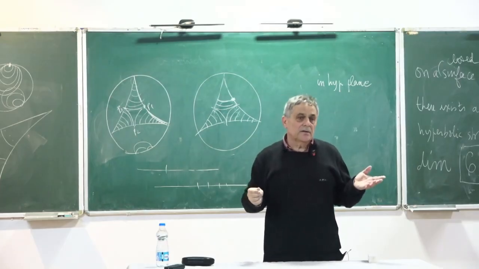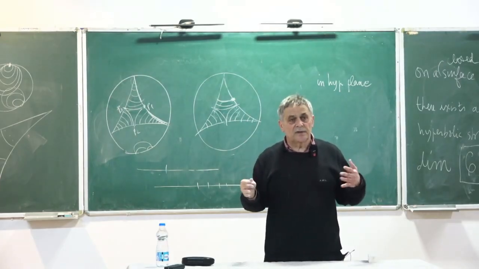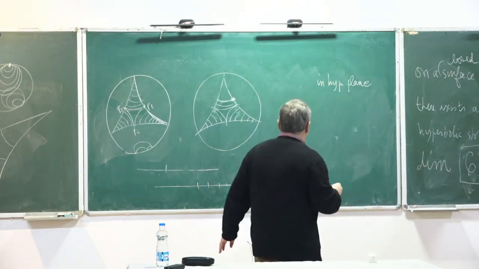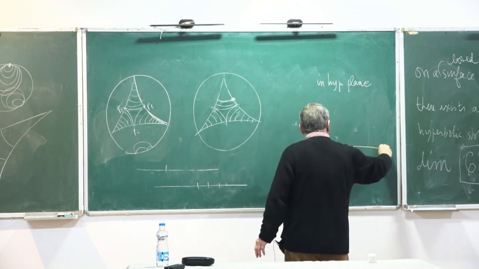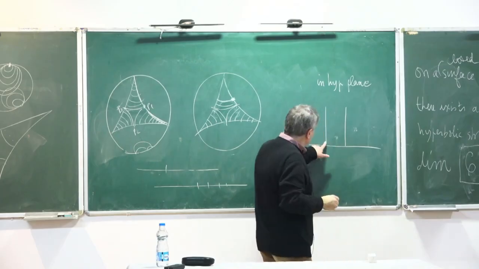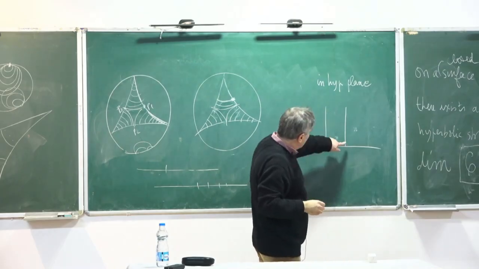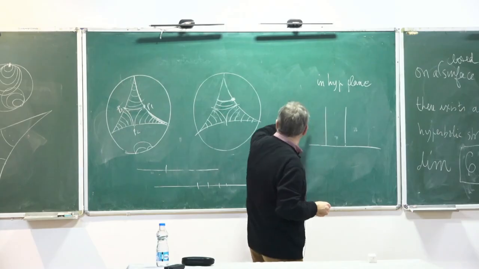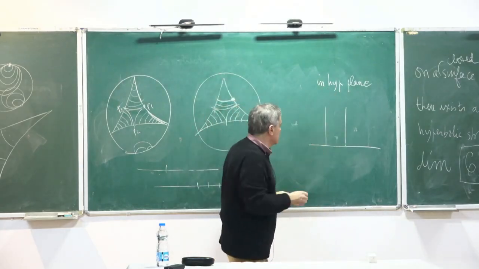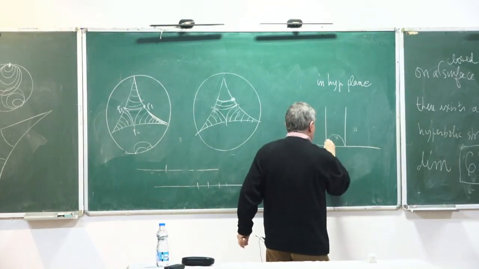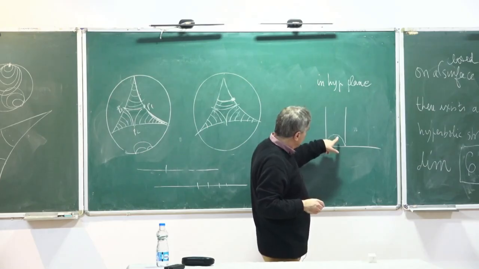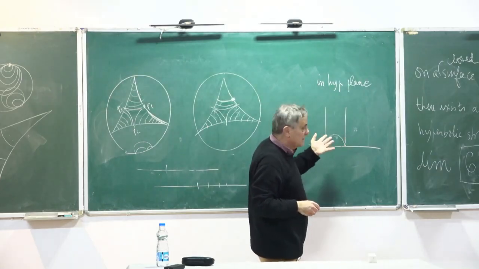Usually you use the upper half plane model because there's a nice formula for the metric. I have now two hyperbolic lines in my upper half plane converging to the same point at infinity. So, for instance, this is an ideal triangle in the hyperbolic plane, right? This is an ideal triangle.